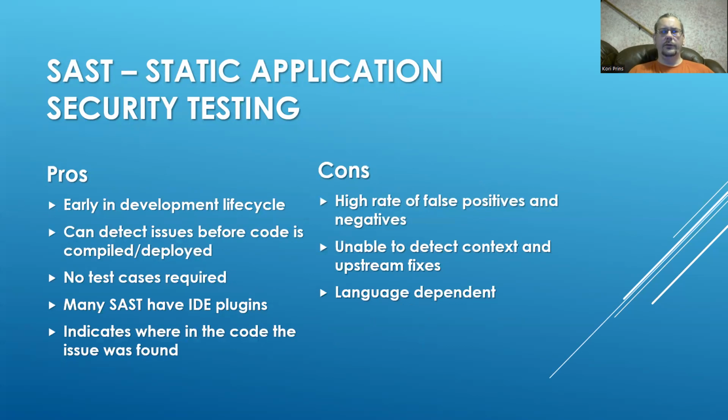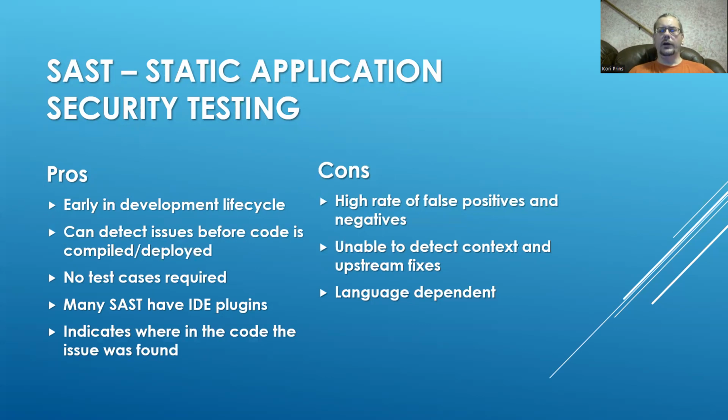A few of the pros for SAST are that you can use SAST early in the development life cycle. SAST doesn't require you to compile the code prior to testing, so you can implement it earlier to detect problems earlier in the development life cycle.